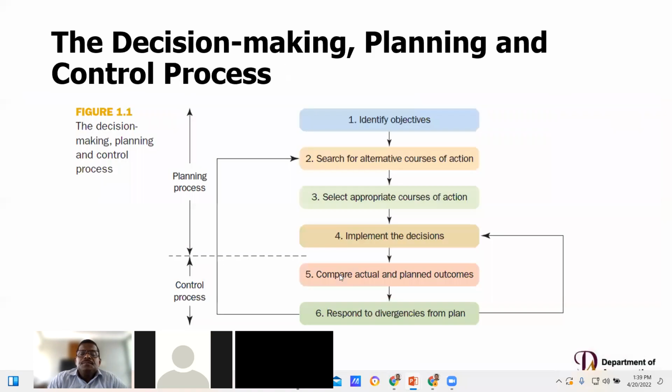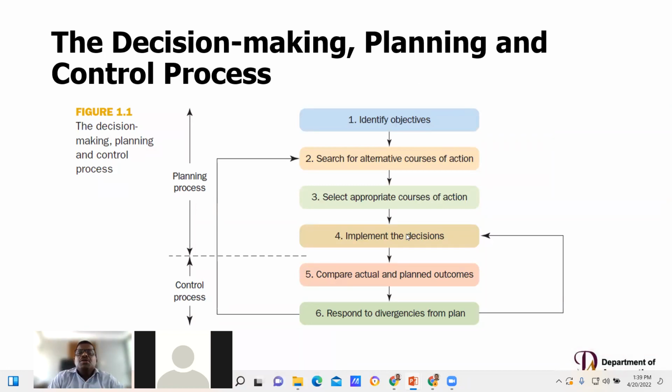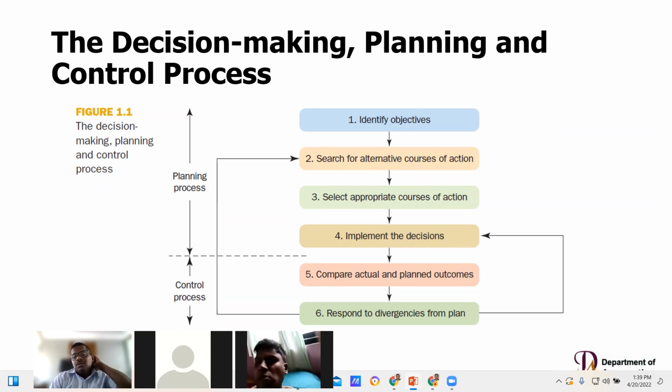Oh yes. Then we will be discussing the rational decision-making process, planning, and control. When you take a decision, there are two elements: one is planning, the other is control.